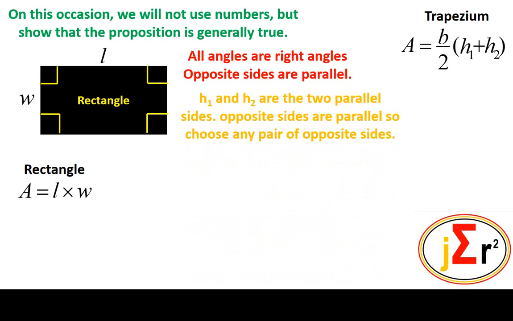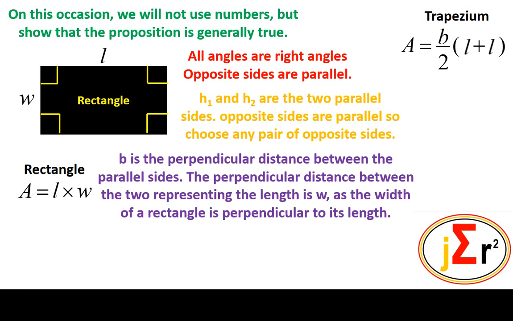And H1 and H2 are the two parallel sides. A rectangle has two pairs of parallel sides. We may choose any pair, and we are going to choose the lower and the upper. Do not forget that inside of these brackets, the two parallel sides will be added. B is the perpendicular distance between the two parallel sides.